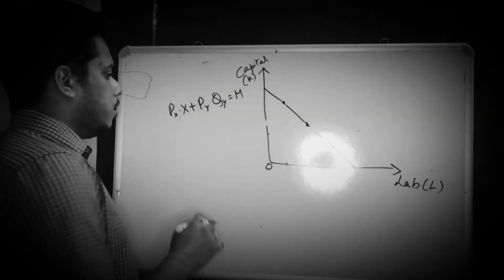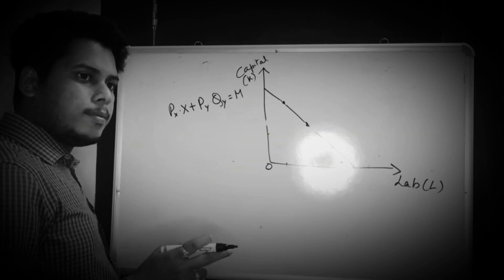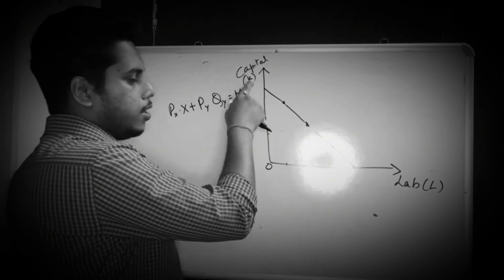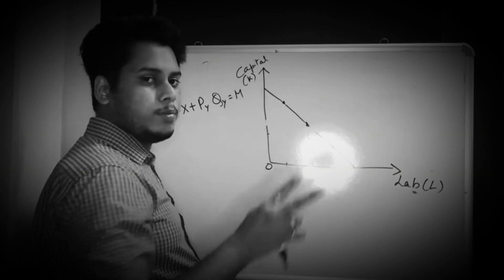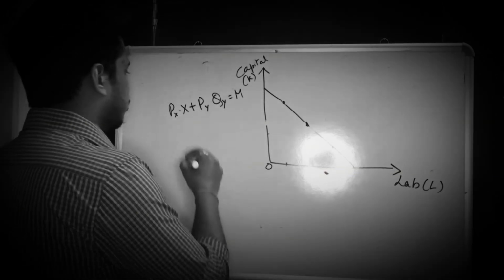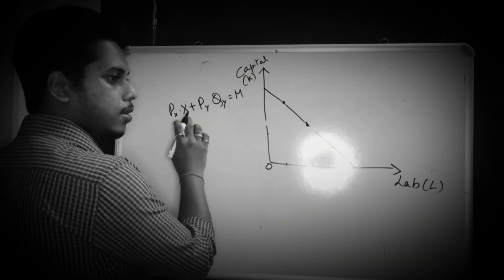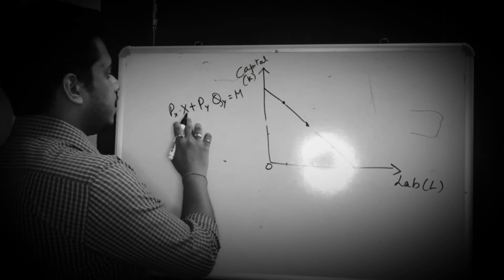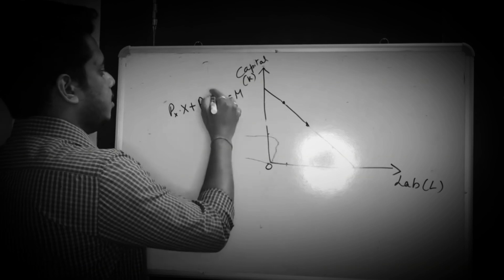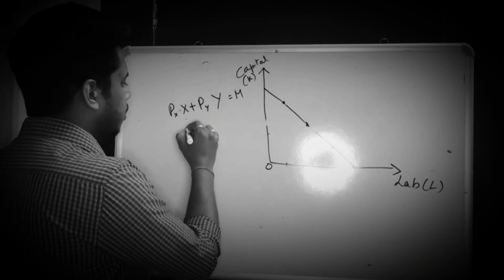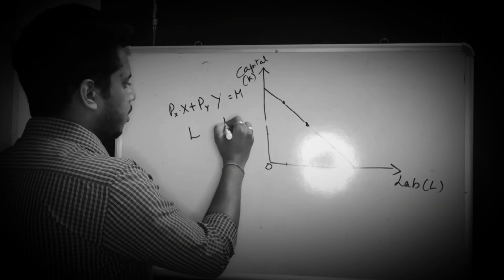Say here in case of budget line we had two goods x and y. In case of isocost curve we have two inputs, labor and capital. So in place of x and y we will put here labor and capital.